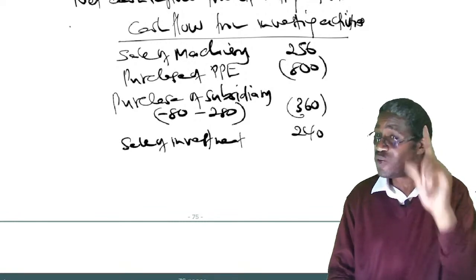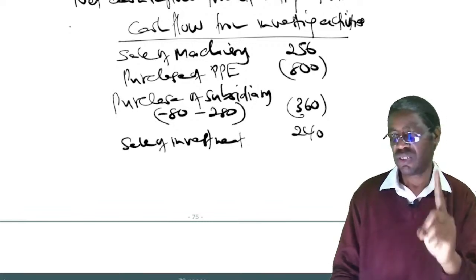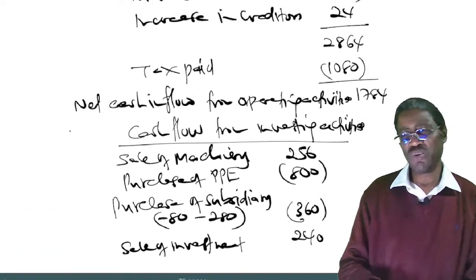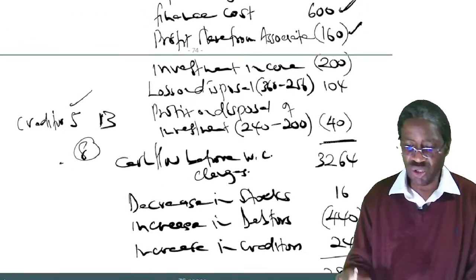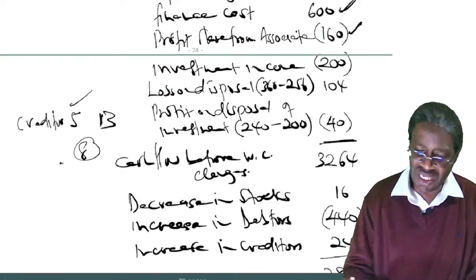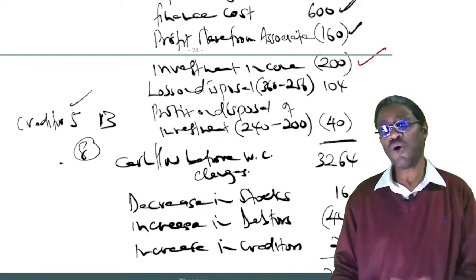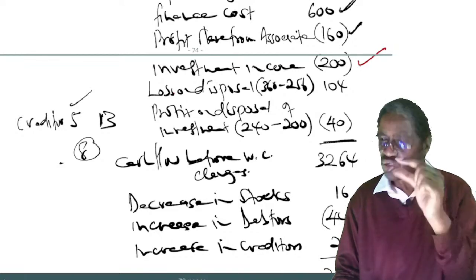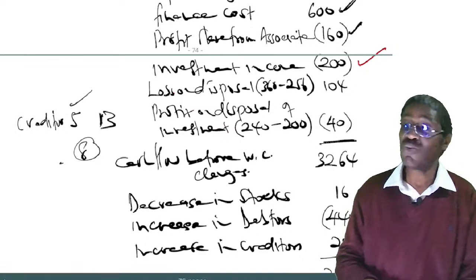I have already explained one of them, and that was the investment income. When we were doing the operating part of the cash flow, I told you this investment income should not be classified as an operating activity. It should be taken to the right place where it belongs. And where does it belong?